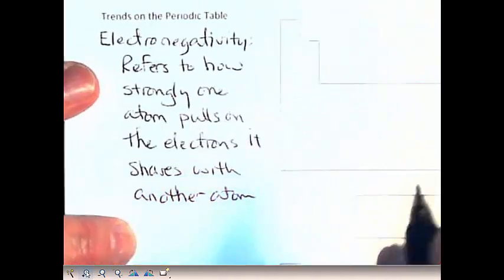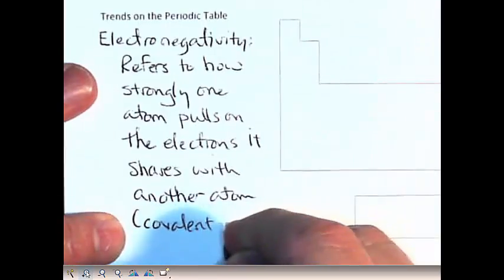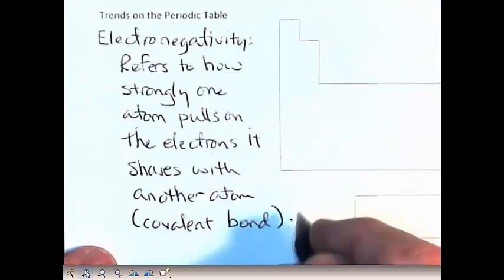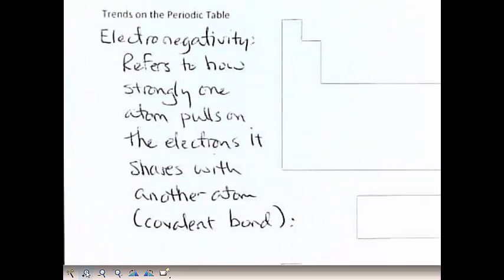And this is happening in a covalent bond. It doesn't happen in ionic bonds, because in ionic bonds the electrons are completely moved from one place to the other. This is just the sharing part. Okay? It refers to how strongly one atom pulls on the electrons it shares with another atom.